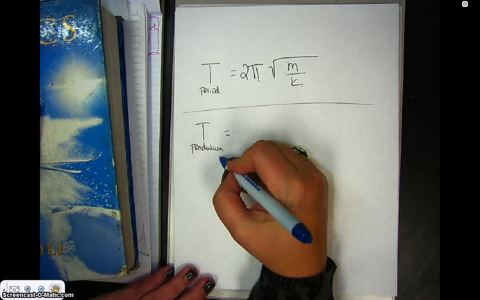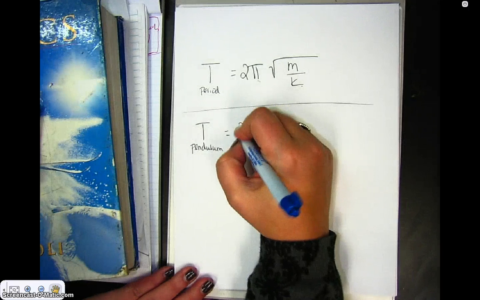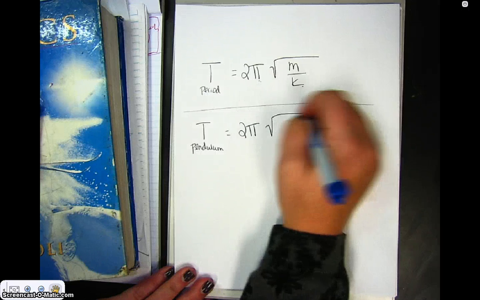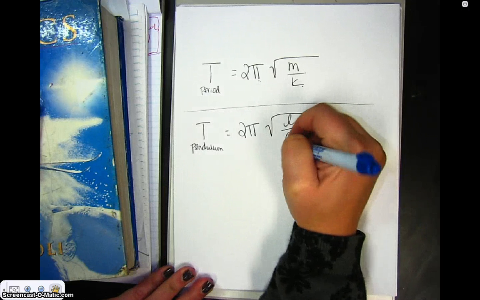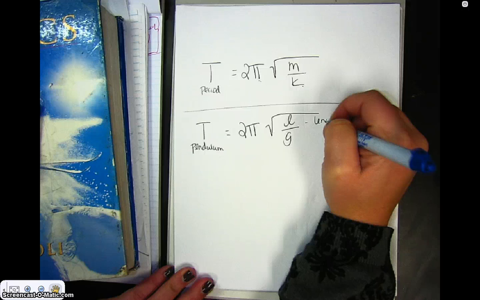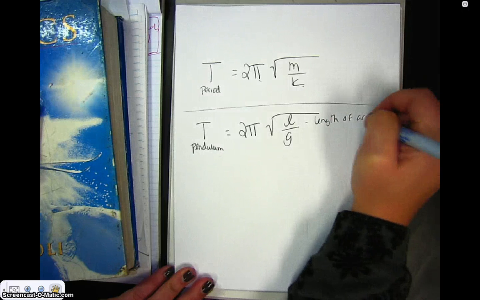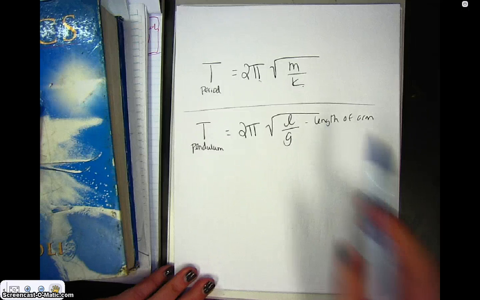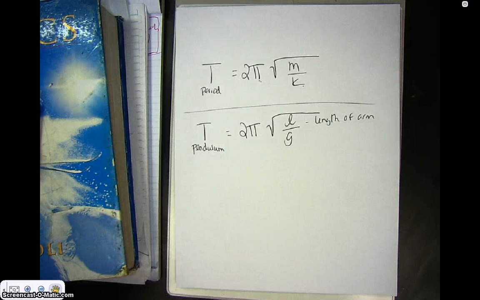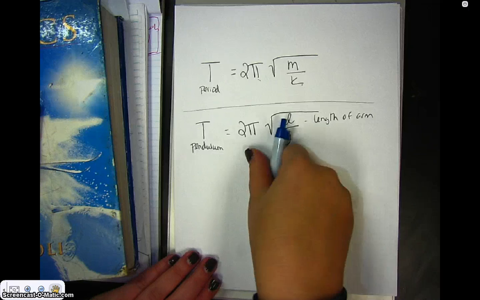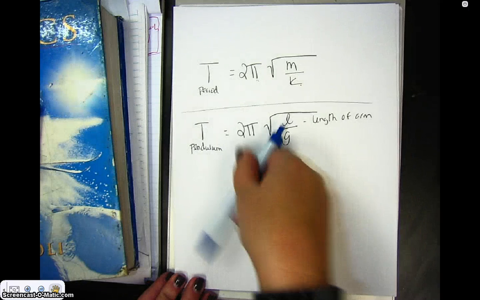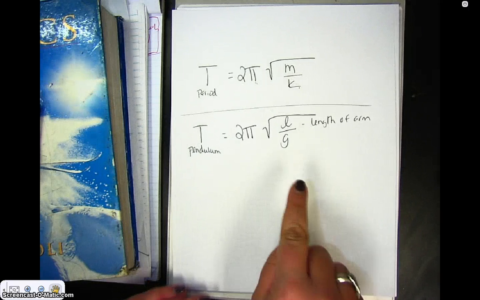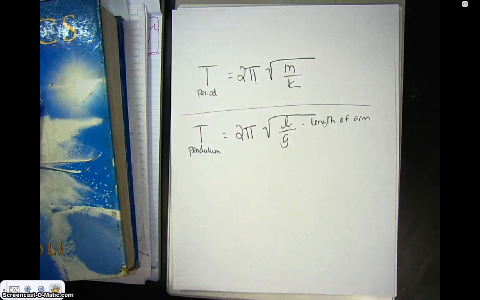So the period of the pendulum, or the time for it to swing once, is equal to 2 pi the square root of L over g, T = 2π√(L/g), where L is the length of the arm of the pendulum. So if you have a very big, long arm, it's going to take a longer time to go back and forth. It's going to swing really far this way. Whereas if you had a little short arm, it would just swing back and forth really quick.